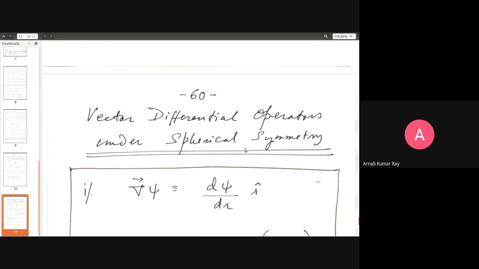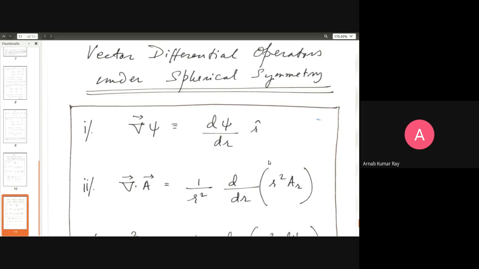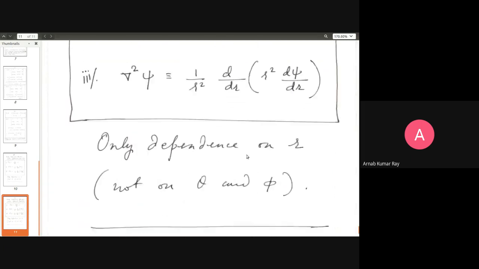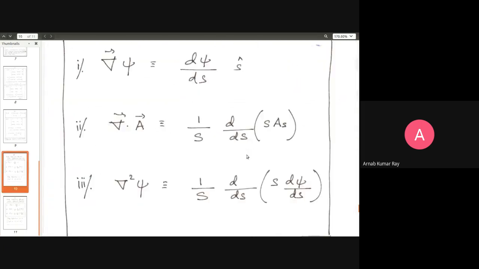Unlike in the Cartesian system, if you were to work out the mathematical problems of electrostatics in the Cartesian system, you'll always have to worry about 3 variables, x, y, z. But in the spherical polar coordinate system, you just use the radial dependence. So, these are the basic formulae we shall apply.